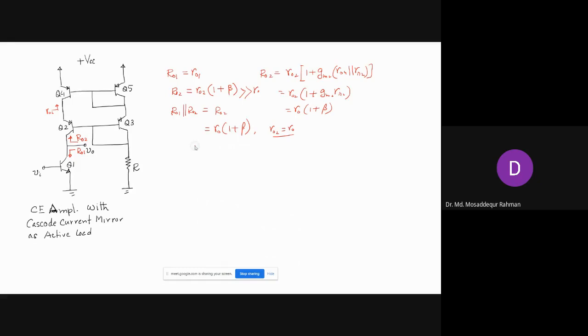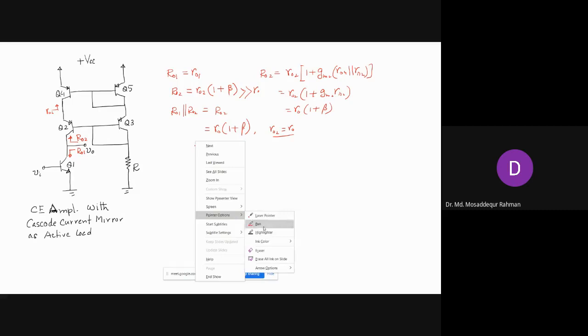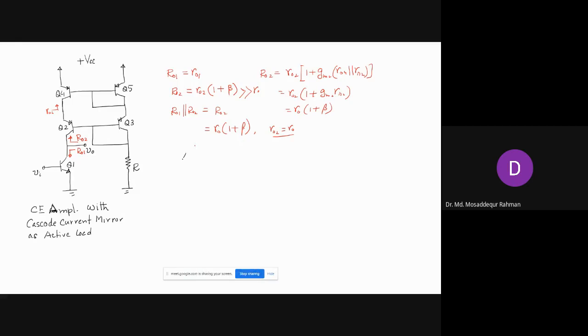So in this case, the voltage gain is minus half gm, and you have R01 in parallel with R02. Now you take the parallel combination. Oh, I made a mistake here. What will be the parallel combination here?